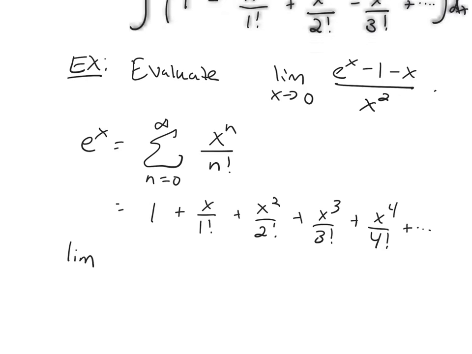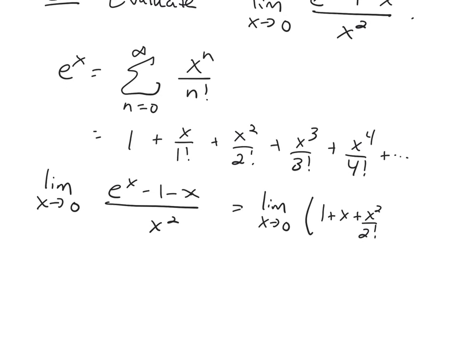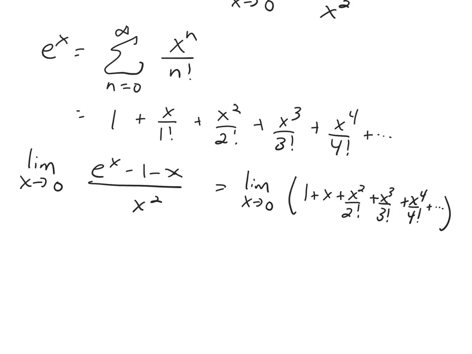So I'm looking at the limit as x goes to 0, e to the x minus 1 minus x over x squared. I can now drop in my Maclaurin series. 1 plus x squared over 2 factorial plus x cubed over 3 factorial plus x to the 4th over 4 factorial plus dot dot dot, and then I have minus 1 minus x.